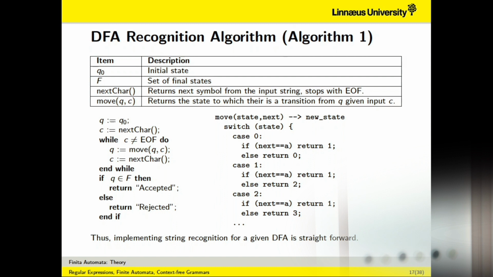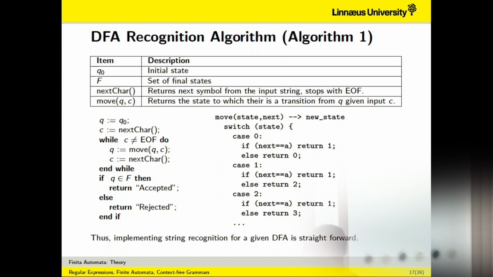And then we also need some function, next character, and it should start from the first letter of our string, and then it should move on until the end of the string. Because the reason we are using this DFA or the finite automata is to recognize whether a string is part of a language or not.